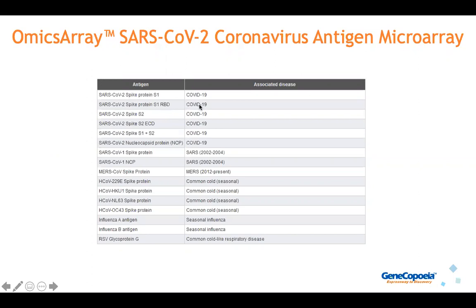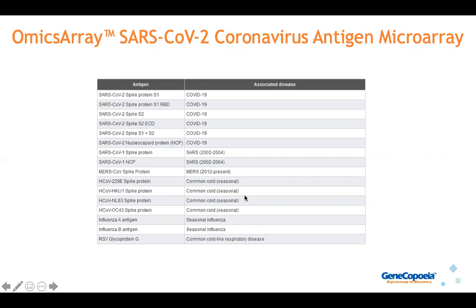This is the domain of the spike protein that interacts with ACE2. It also contains spike protein from SARS-CoV-1, as well as the nucleocapsid protein, and others such as MERS-CoV, and also the 4 known seasonal coronaviruses.